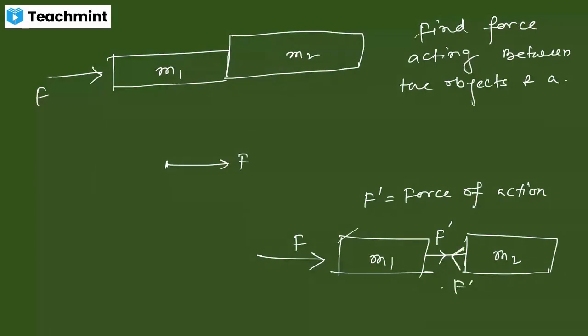Whatever force is applied by M2 is also F dash, but the direction is opposite. Up to that much, is it clear? The forces of action and reaction are equal but opposite in direction, applied between M1 and M2. Say fast whether it is clear or not.